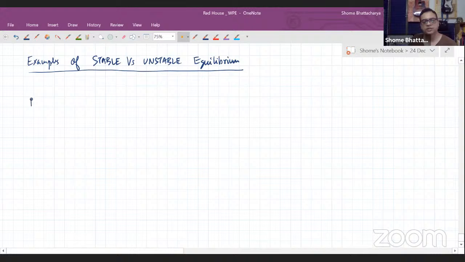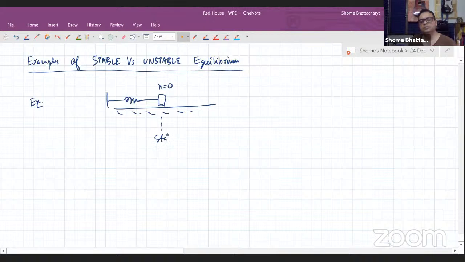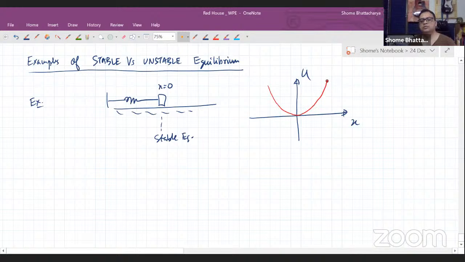Obviously, a spring mass system is the easiest example. X equal to 0 is the stable equilibrium position, because you can see the graph of potential energy versus X will have this kind of a relation. So at X equal to 0, there is a local minima.